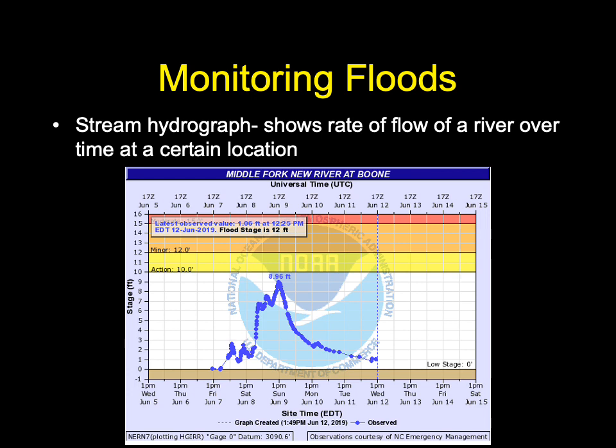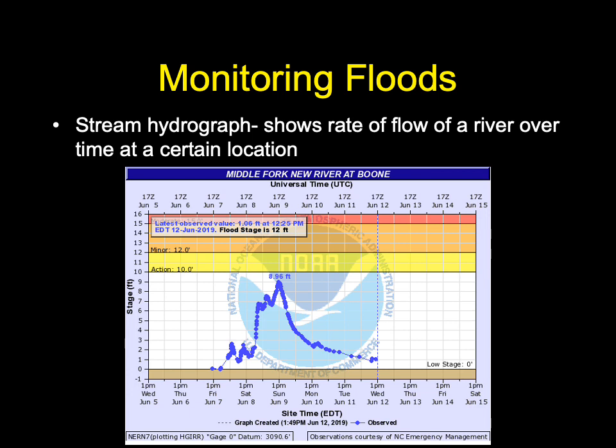So we can monitor the general behavior of streams. In fact, we have a boatload of monitors installed in the different tributaries around campus. So Boone Creek, the department chair of the Department of Geology and Environmental Science, Bill Anderson, is a hydrologist. So he is somebody who studies water movements.